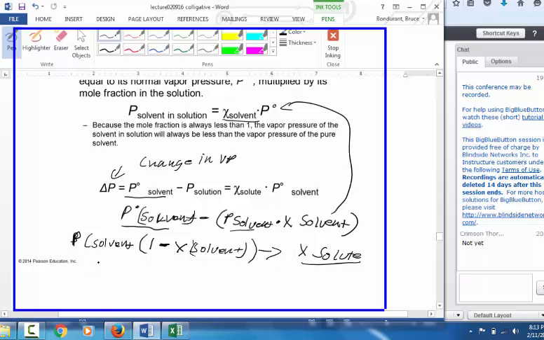So now we have, that's where you get the delta P vap equals X solute times P0 solvent.